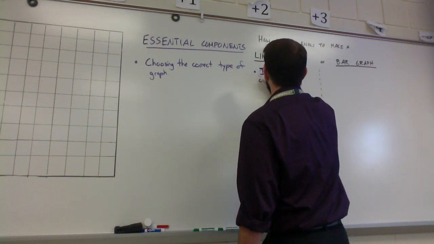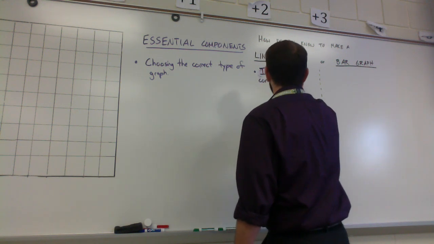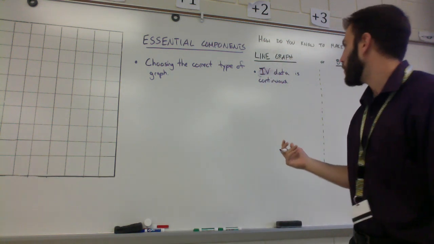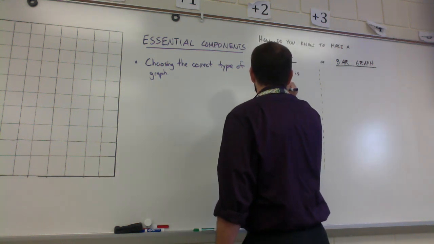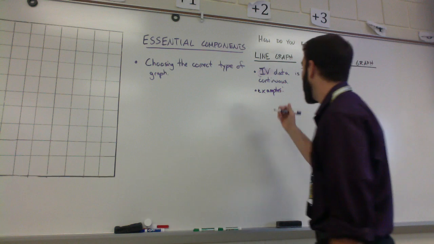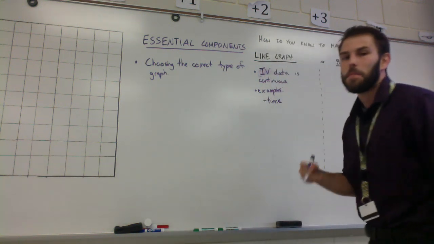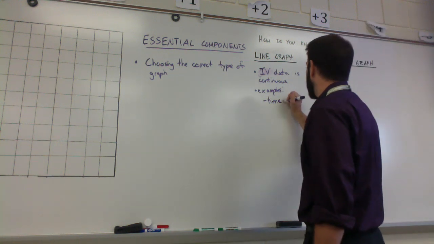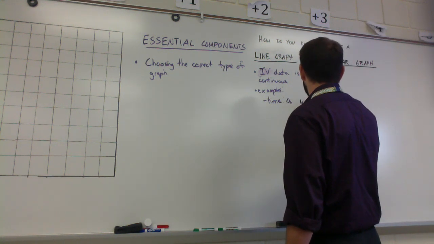So what do I mean by continuous? Let's give a couple examples. The most common one is going to be time, because I could measure time from, let's say, 0 seconds to 1 second to 2 seconds and so on.